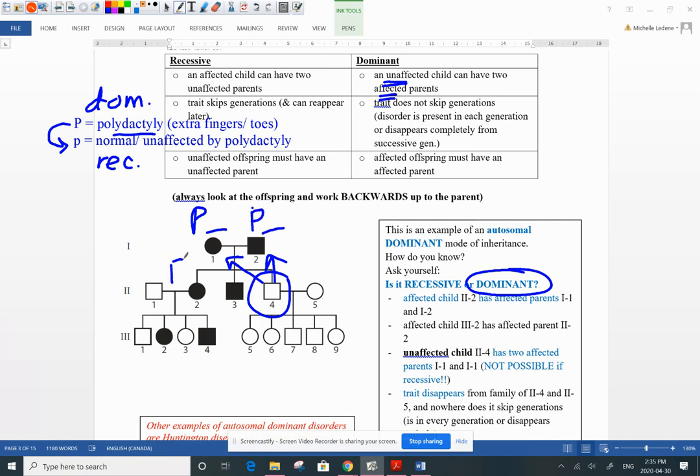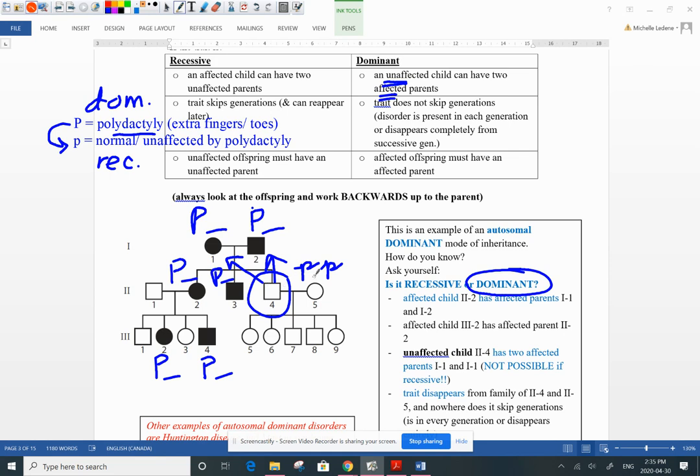Everybody else who is shaded in, we're giving them a big P. They have the trait of polydactyly. They're affected with extra fingers and toes. 2-4 has to be little p, little p. They are not affected. They're not shaded in, so they're not affected by extra fingers and toes.